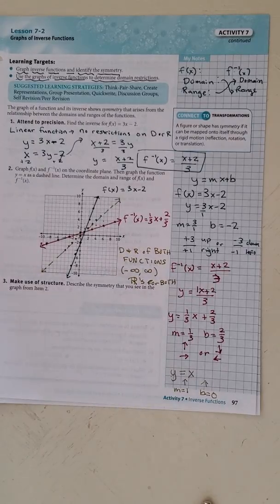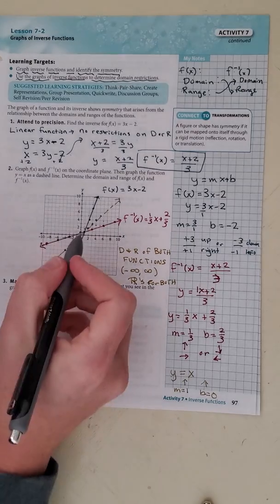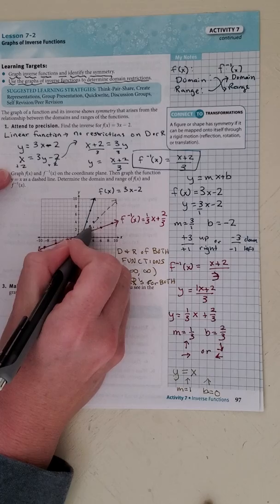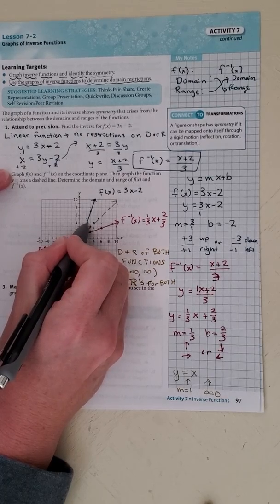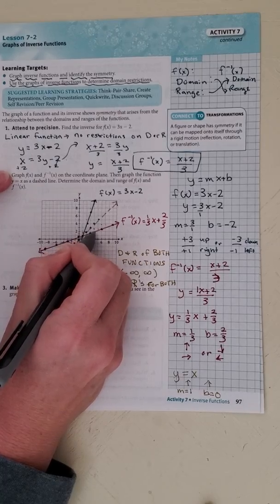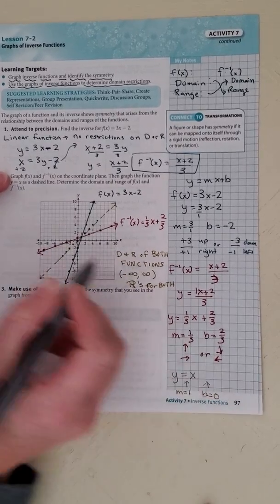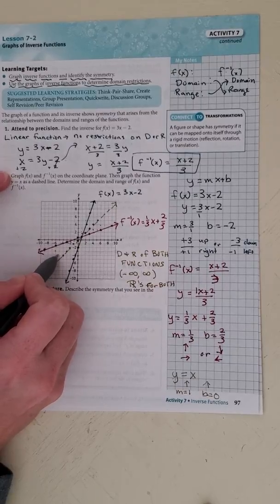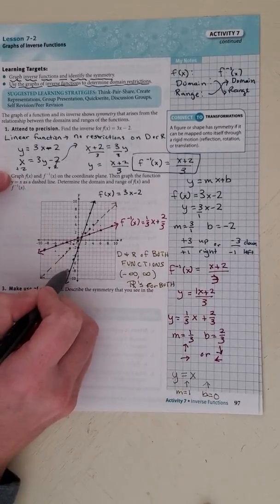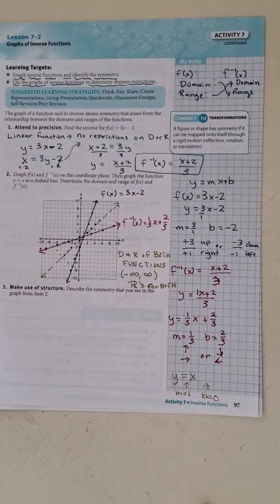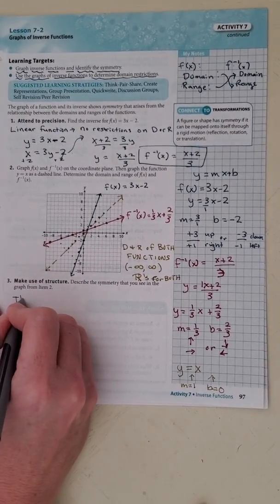I'll show you what I mean. If I were to, for example, use this point right here, I'm exactly 1 unit diagonally from the line. I'm also 1 unit diagonally from this dashed line again. Over here, if I use, for example, this point, I'm the same distance away on either side.